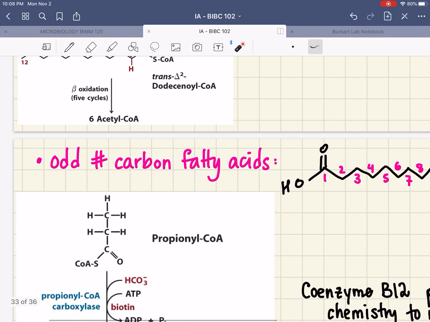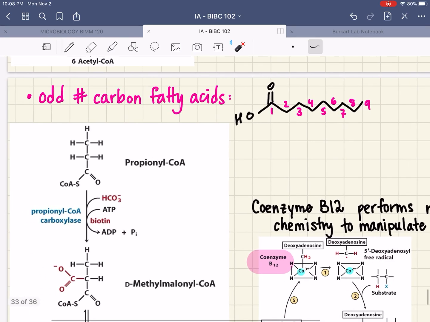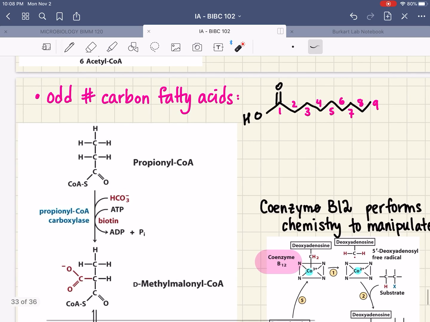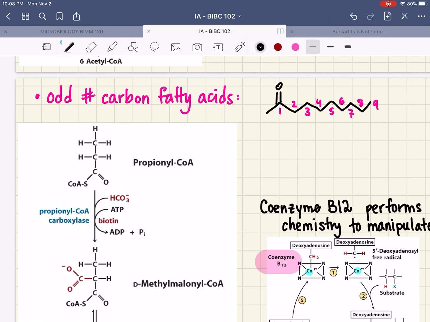Now, how does the cell deal with having odd numbers of carbon in the fatty acids? Well, imagine we have a fatty acid that has 9 carbons. What happens is we start to cut away on the fatty acid this direction. Actually, this isn't a free fatty acid, right? It should be with a CoA. So let me fix that.